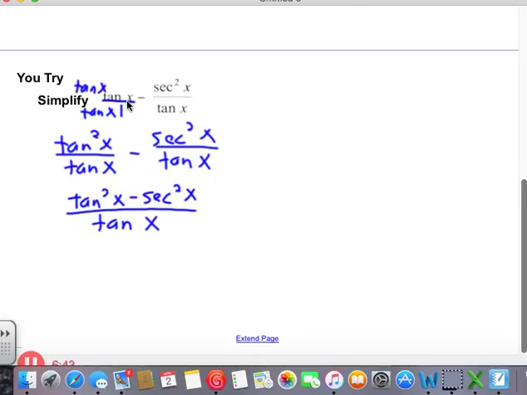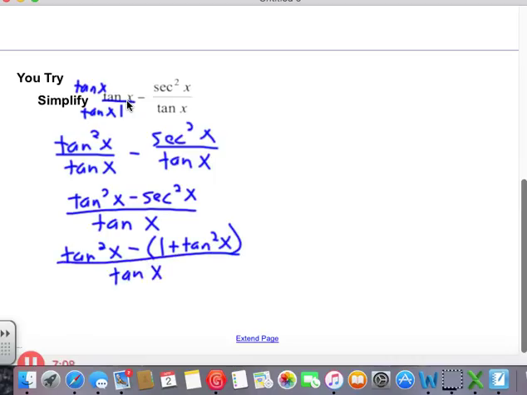So when you start seeing those together, when you see sine squared and cosine squared together, and when you see cotangent squared and cosecant squared together, those are clues to use a Pythagorean identity. So what we know is that secant squared is 1 plus tangent squared. So we're going to replace that secant squared with 1 plus tangent squared. All right, notice I put in parentheses.